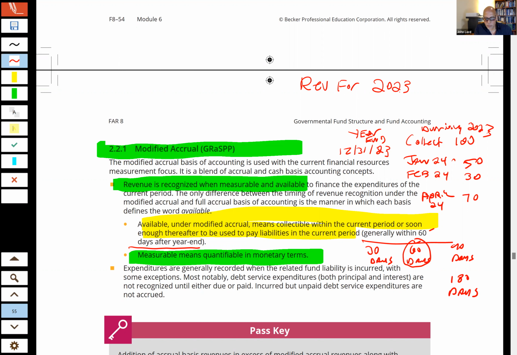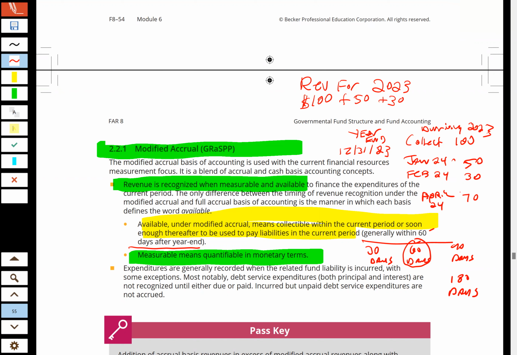What is the revenue that they can recognize for 2023? How about the 100? Yes, because they collected it. How about the 50? Yeah, because it's getting in there within 60 days, right? How about the 30? Yes, even in a leap year, it would make it, right? How about the April money?